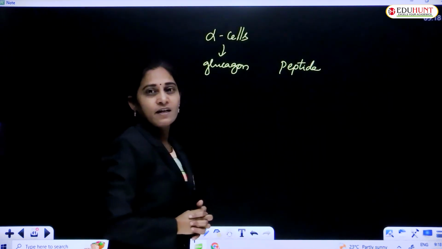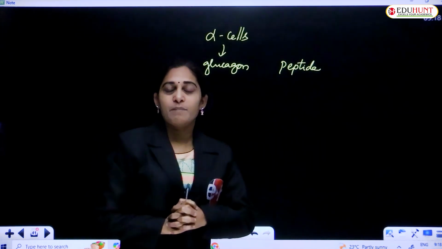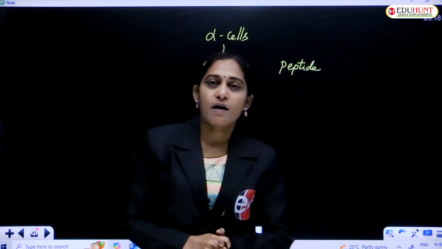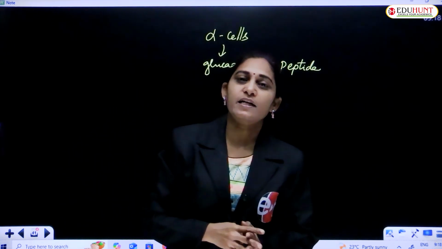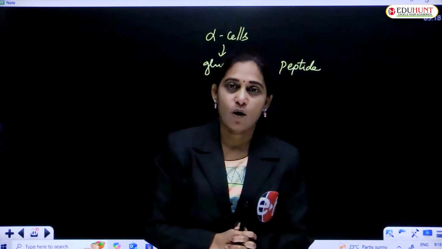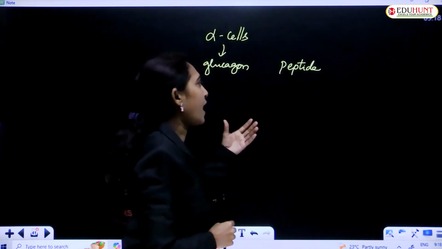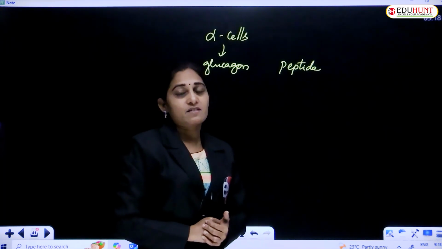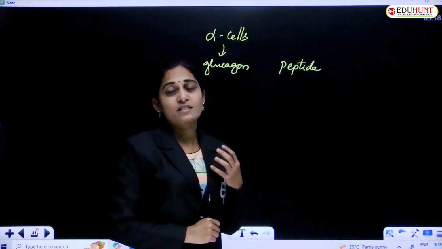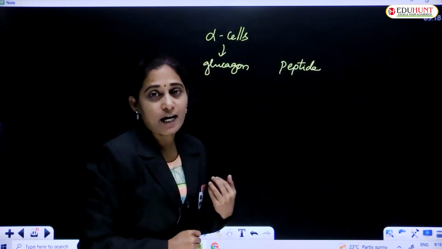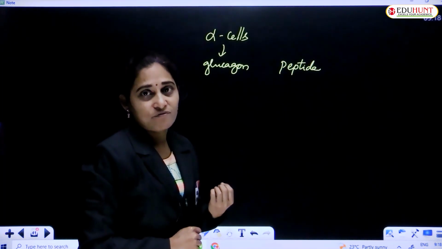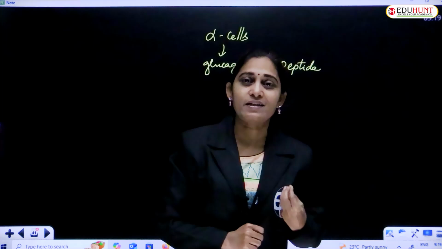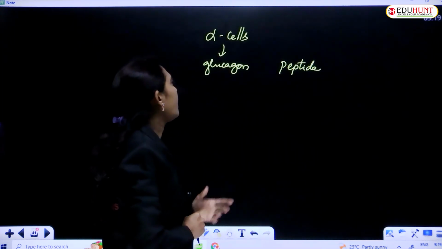We have seen that based on chemical composition, 3 types of hormones are secreted by the endocrine glands in the body. One is the peptide hormones, which are proteinaceous in nature. Second is amino acid derivatives. And third is steroids, which are derivatives of cholesterol or fatty substances.